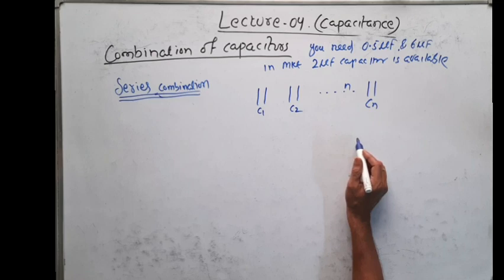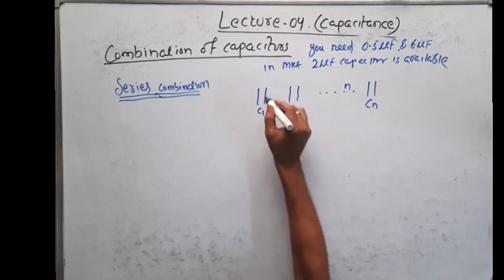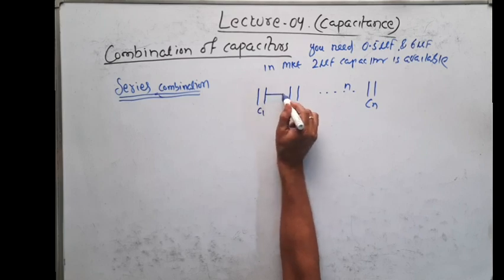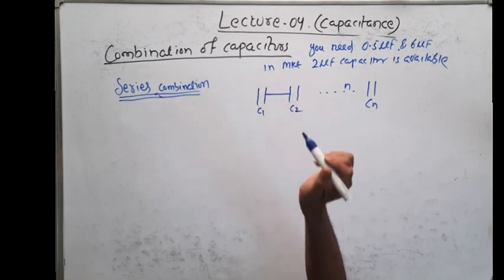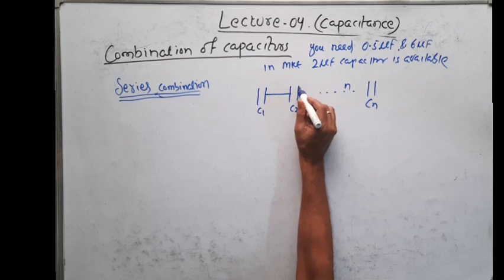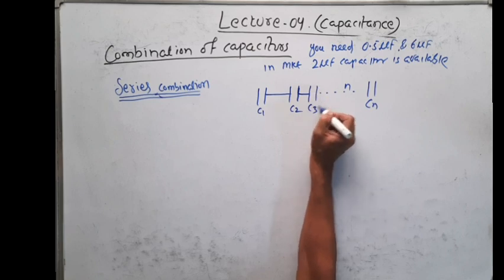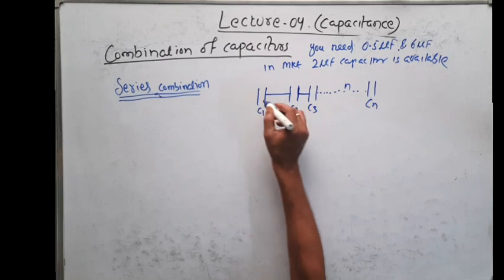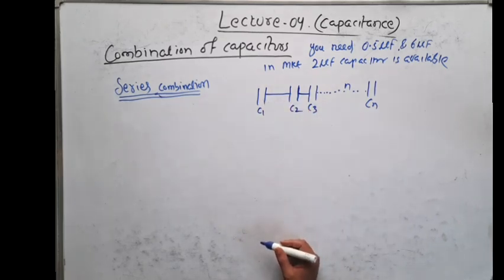They have to be connected in series. The second plate of the first capacitor is connected to the first plate of the second capacitor. Similarly, the second plate of the second capacitor is connected to the first plate of the third capacitor. In this way, we connect all the capacitors, and this connection is called series connection.